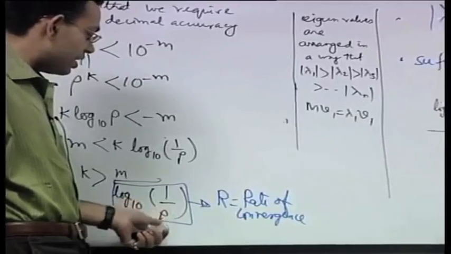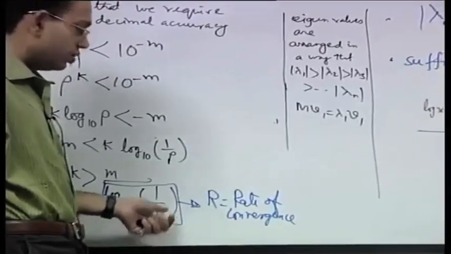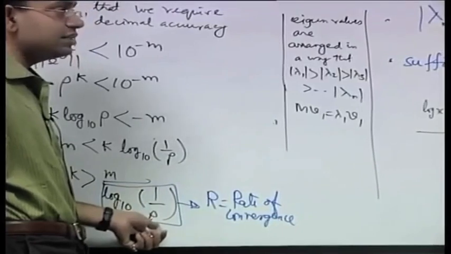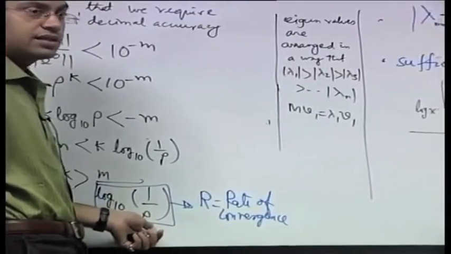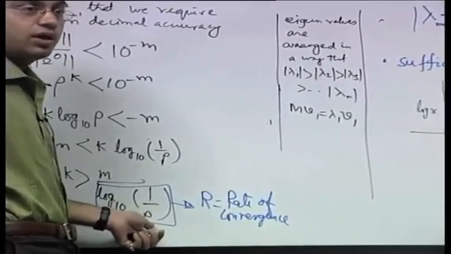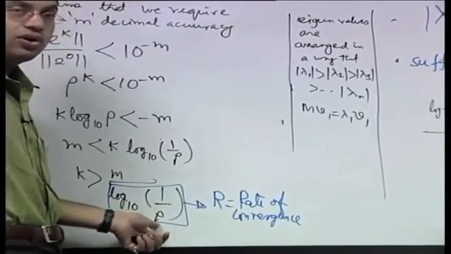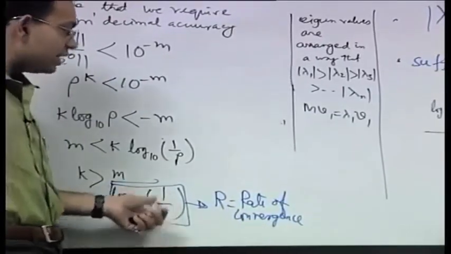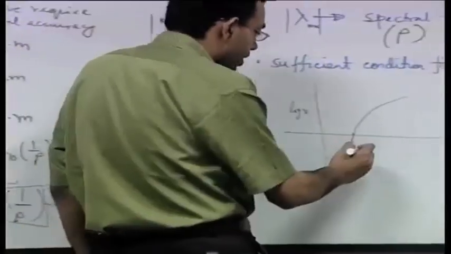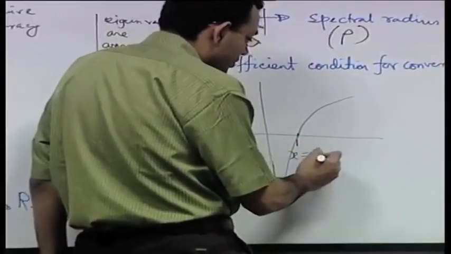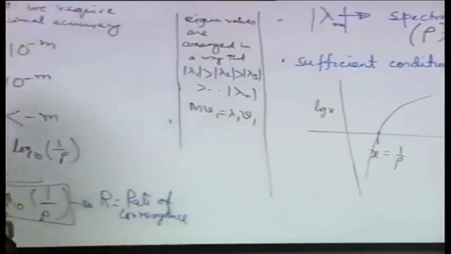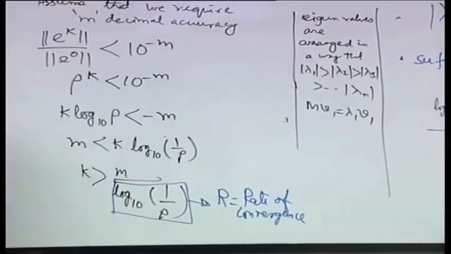So, it is a positive fraction. So, 1 by a positive fraction is a number which is greater than 1. So, the smaller the value of rho, the larger is this value of x, which is 1 by rho, and larger is log x, right.